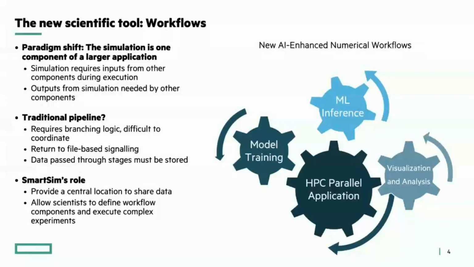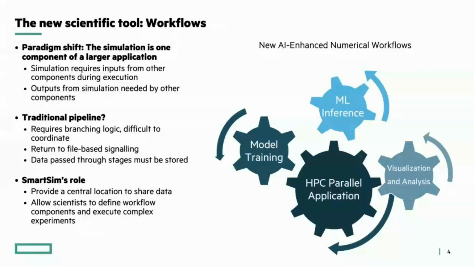There might be things where the simulation is providing data to 3 or 4 other different things that might be running. So for example, you want to train a surrogate model for some physical process while the simulation is running. Maybe you want to do some visualization analysis. Maybe it's calling out to some kind of ML model prediction, but this is all happening interconnected while things are all simultaneously running.